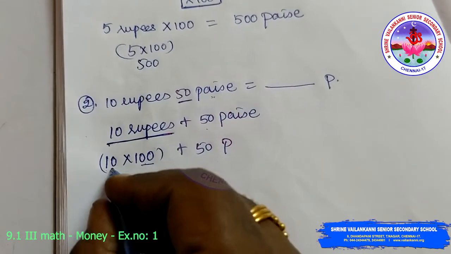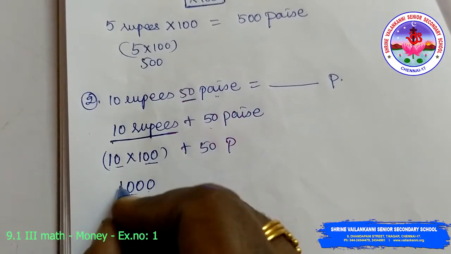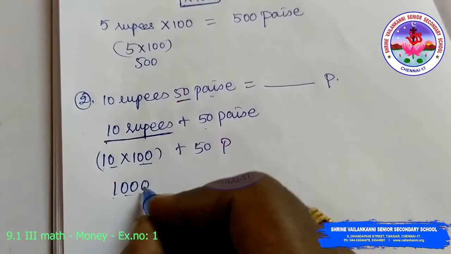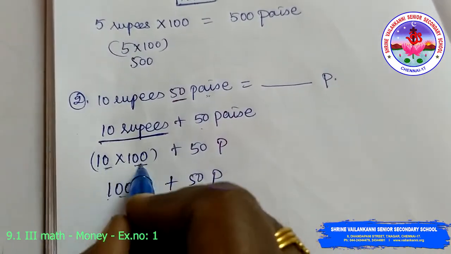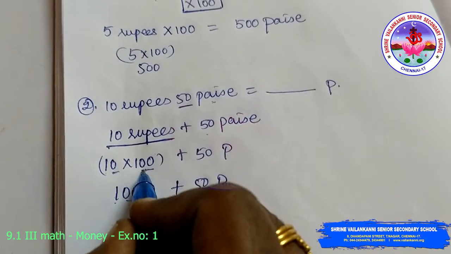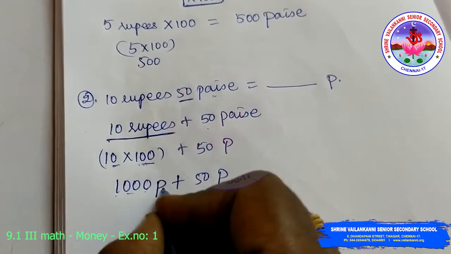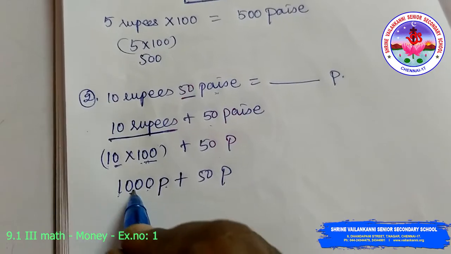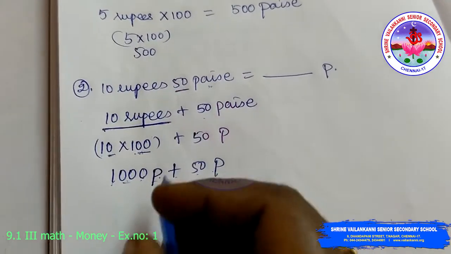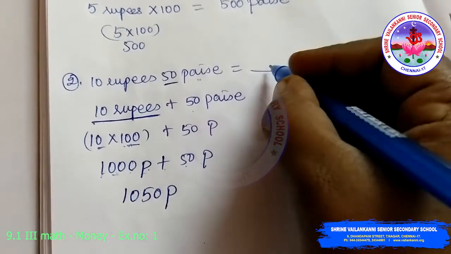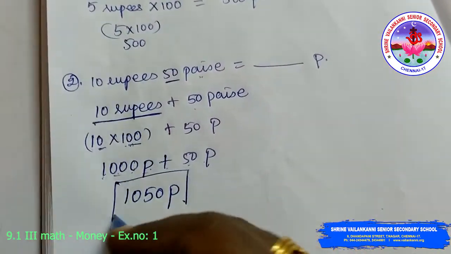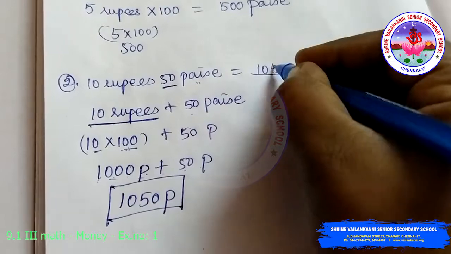So 1000 plus 50 pies. When you multiply with 100, it is automatically converted to pies. So this 1000 pies plus 50 pies, you will get 1050 pies. So your answer is 1050 pies.